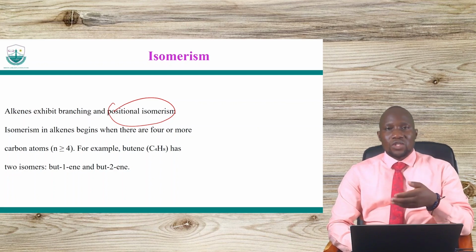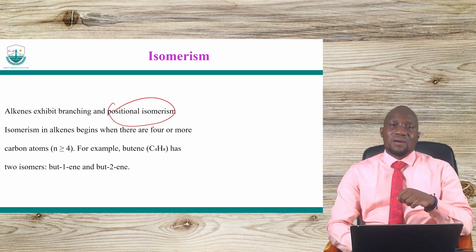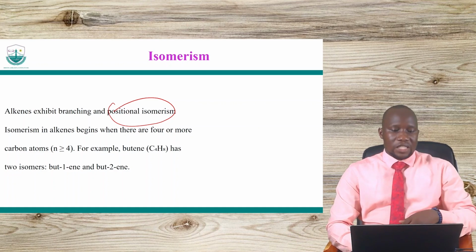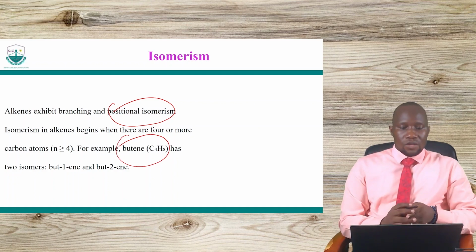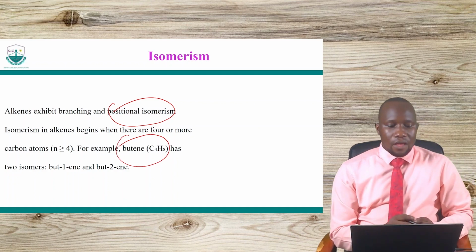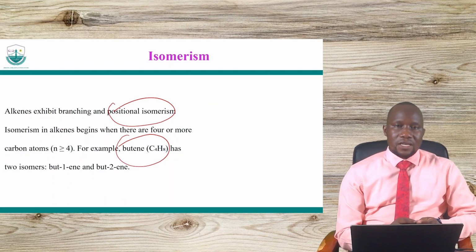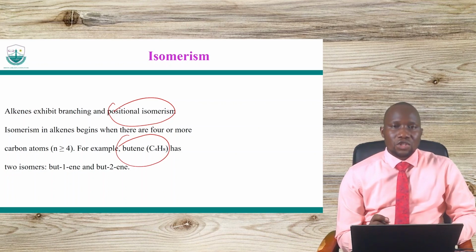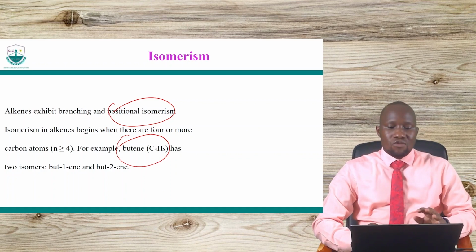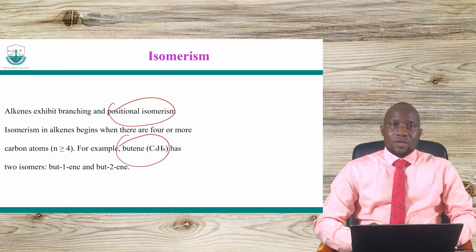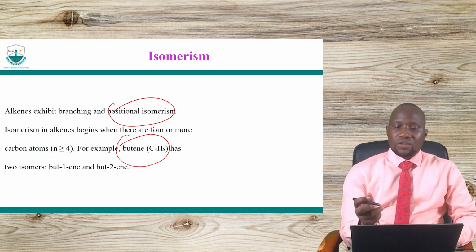So the position of the double bond is the one that can bring about what we call positional isomerism. Now let's check an example using butene. Butene has 2 isomers. That means that the position of the double bond can be different, but it will still remain butene. That is what we mean by isomerism.